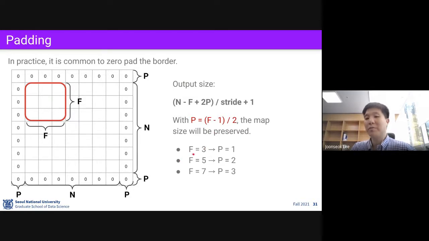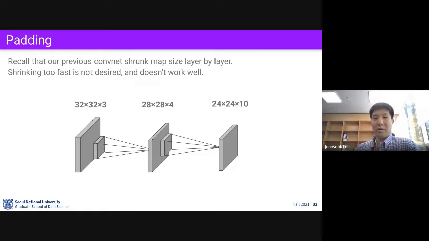So if the filter is 3 by 3, padding is 1; for 5 by 5, the padding is 2, and so on. In that way, we can preserve the original size of the input in the activation map. So with padding, we don't need to worry about this shrinking.